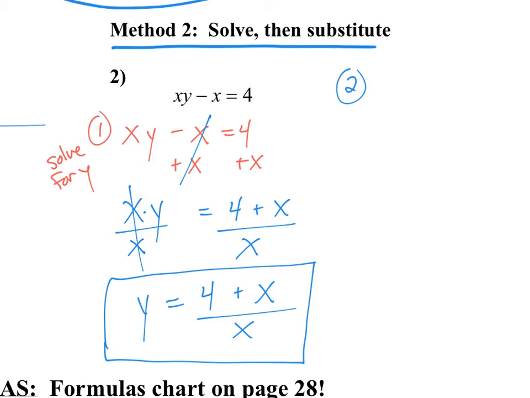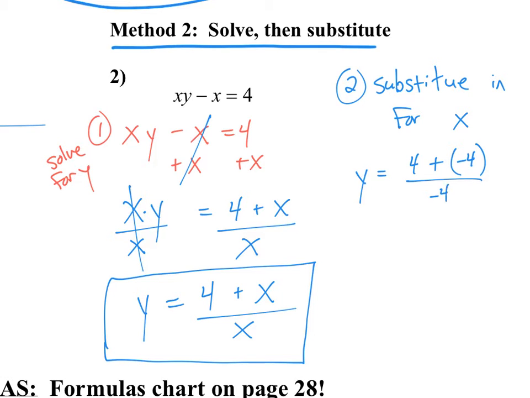Step 2 is substitute in for x. So now what we'll do is we'll take this equation, y equals 4 plus -4 divided by -4.